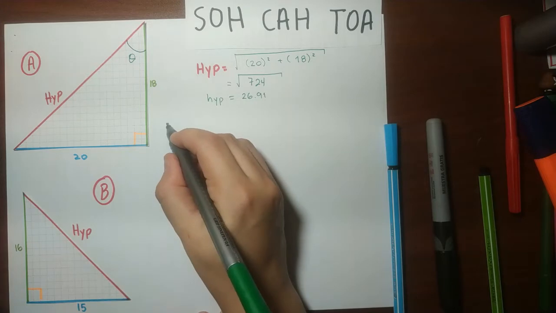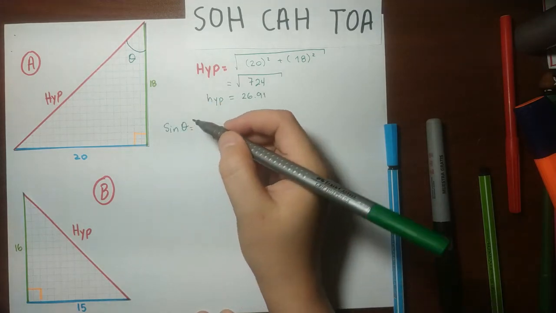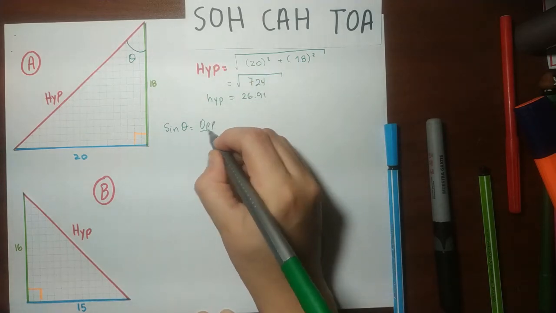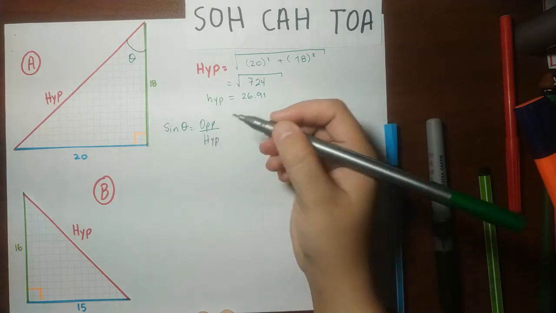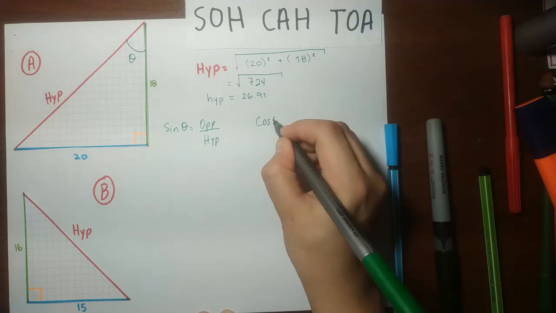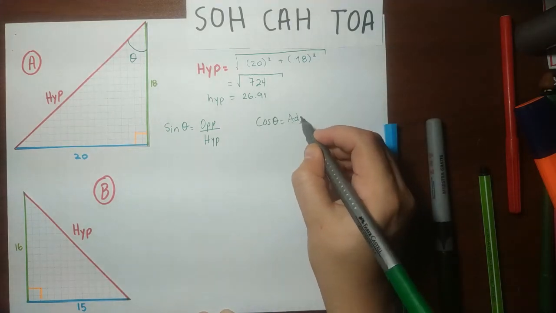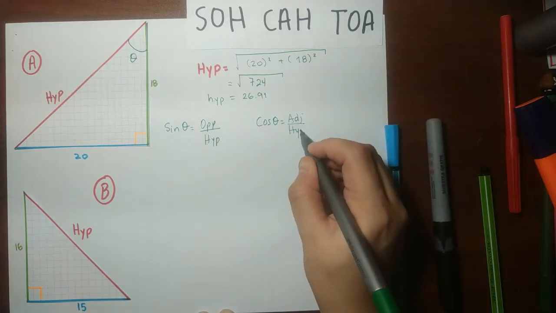So we know by definition that sine of theta equals opposite over the hypotenuse. I know that cosine of theta is adjacent over the hypotenuse.